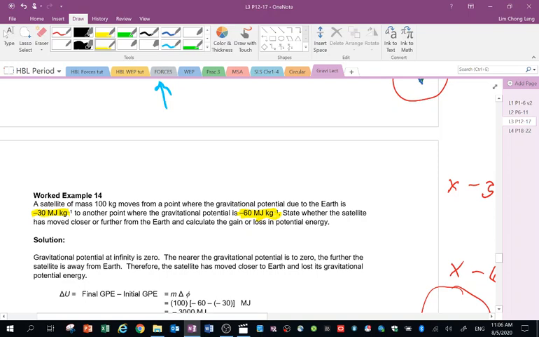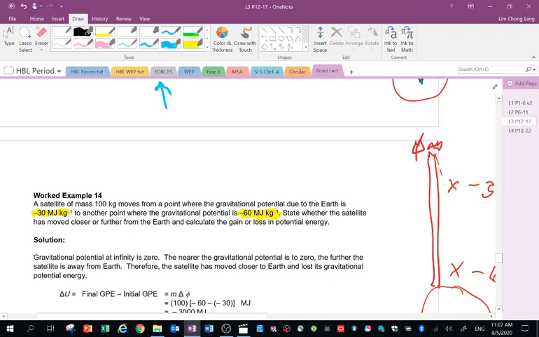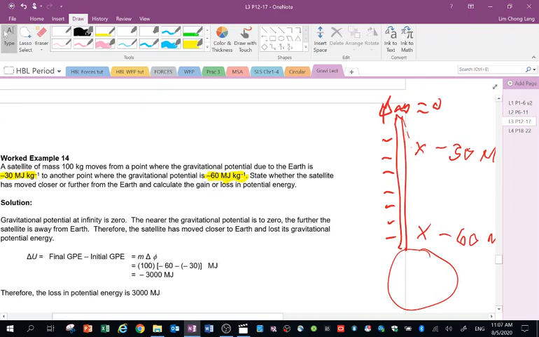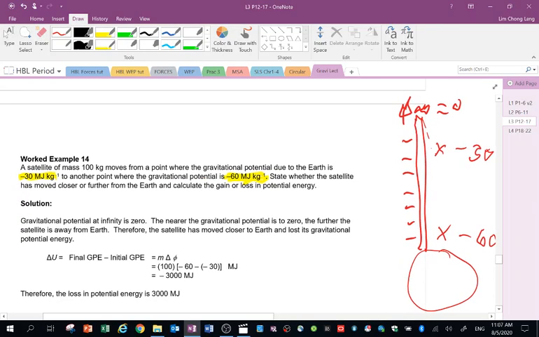So just now you remember at infinity, the potential is zero. Anywhere else the values are negative, right? So you can see that the more negative the value, the nearer it is to the Earth's surface.